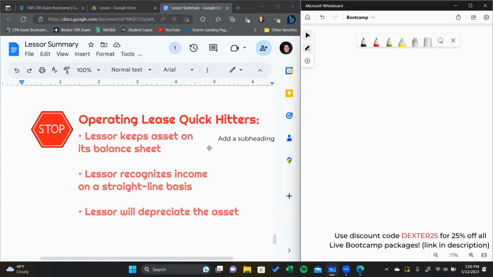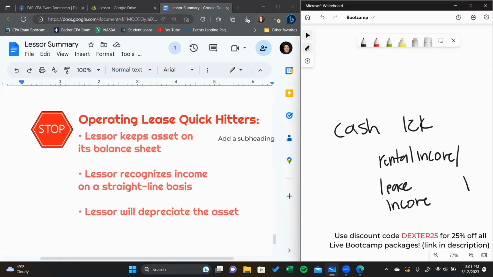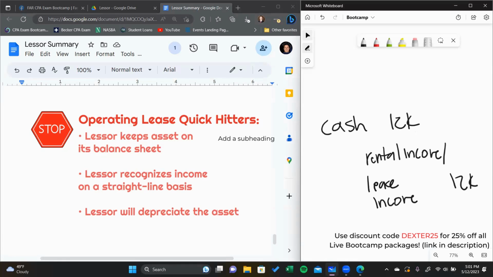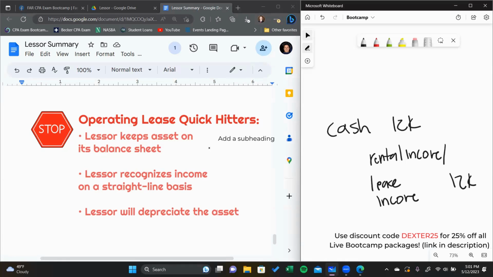So you don't remove the asset from your books. Essentially all you'll do is you'll record lease income and then cash. So you would basically just debit cash like 12,000 and then either rental income or lease income of 12,000. Really easy. It's probably the easiest type of lease.